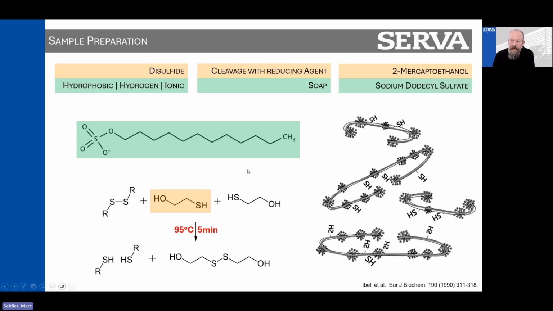You see that the sulfides are hydrogenated, and this SDS is aligning, you can say, along the amino acid chain, and on areas where you have a plus charge, you have these sulfate heads gathered around. So it seems like a necklace, thus they said it would look like a necklace structure.